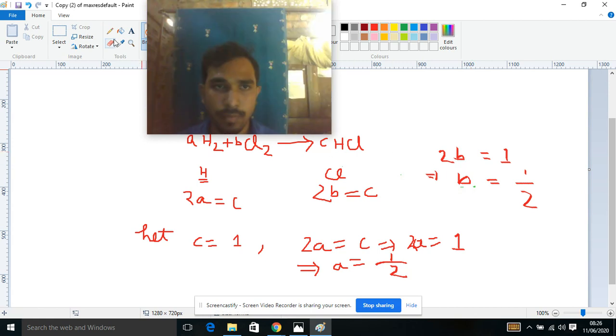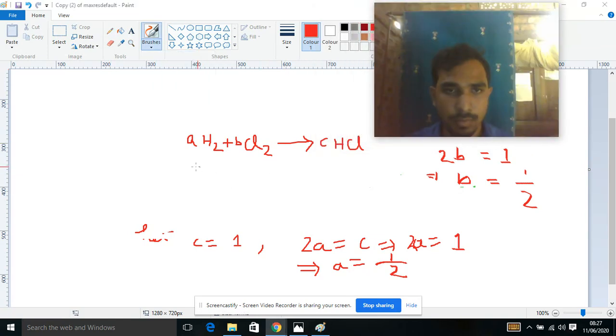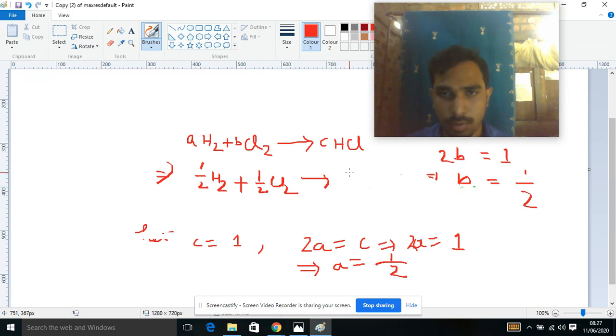If I put this in this equation, I will get A half hydrogen plus B half chlorine, product C equal 1 HCl.